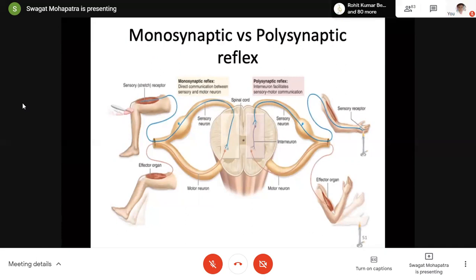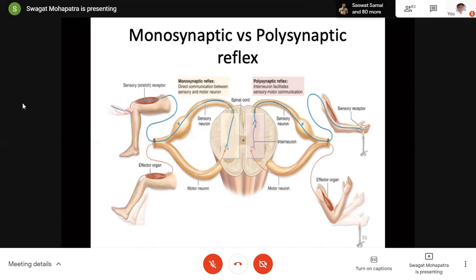Its job is, if you go to a doctor and he wants to verify whether your reflex is functioning properly or not, he will take this knee hammer and start stroking your knees, or just the portion below your knees. If the particular point is stroked, you will start moving your legs automatically. That is the knee jerk reflex we say.